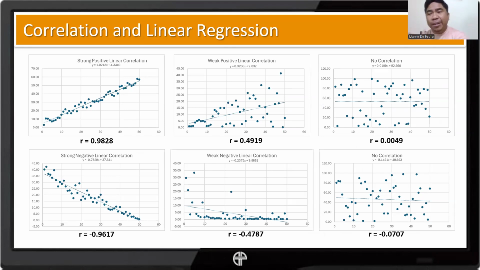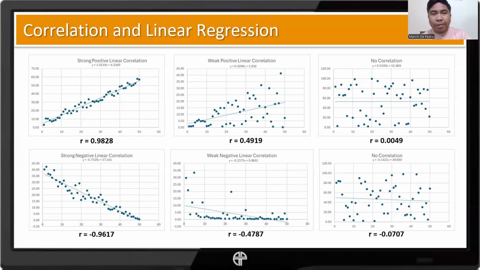Okay, the higher the independent variable, the higher the dependent variable will be also. Okay, so that's a strong positive linear correlation.